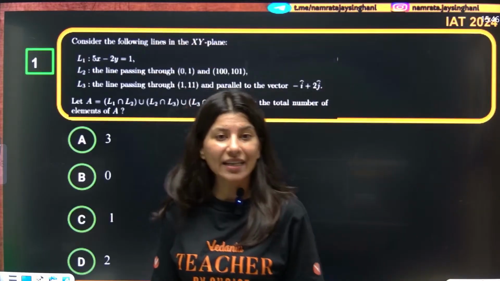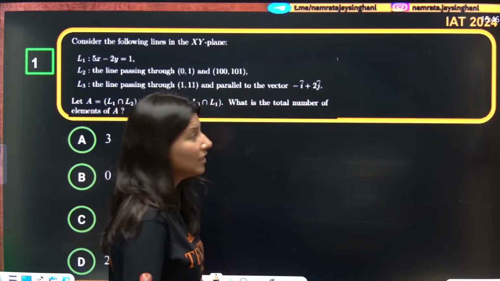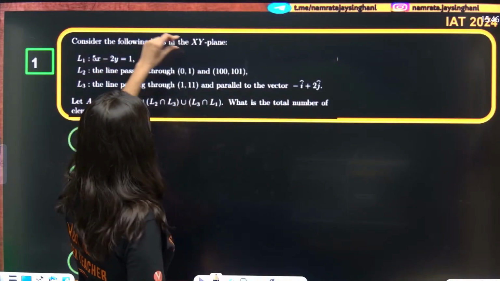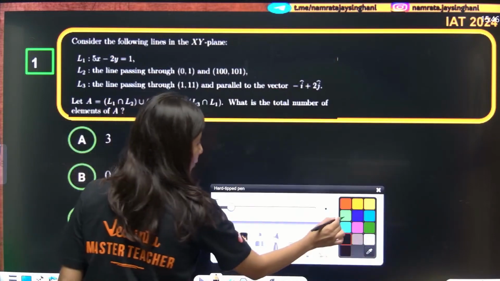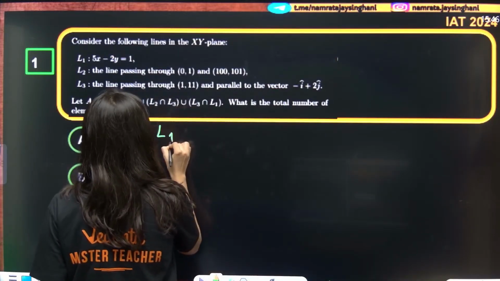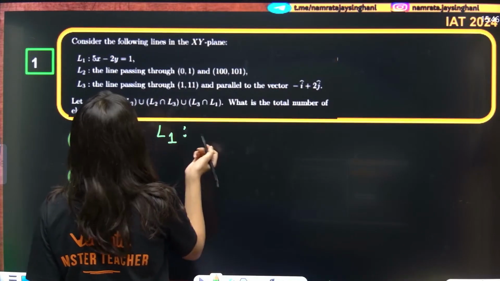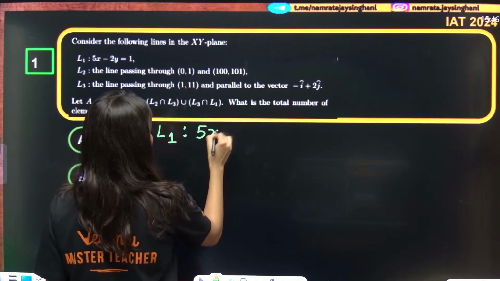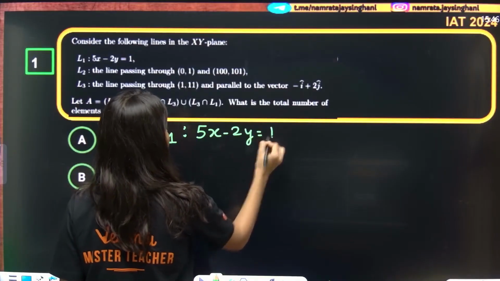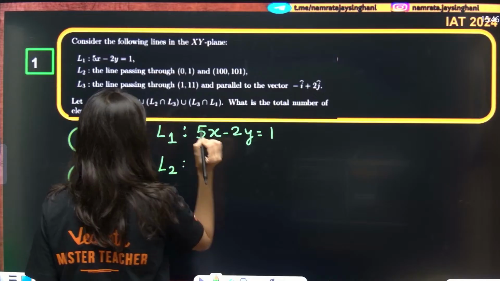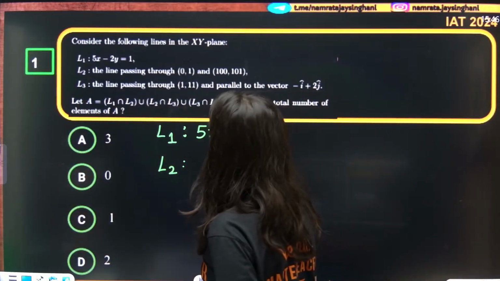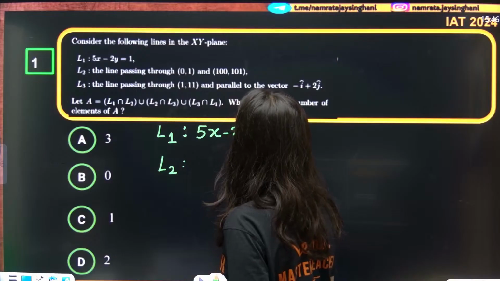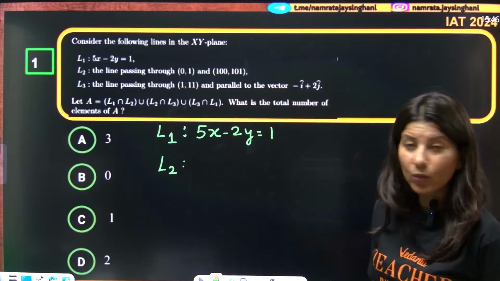This was asked in the IAT 2024 examination. Let's try to understand. Consider the following lines in the XY plane. Line L1 is 5x minus 2y equals 1. Now line L2 passes through (0, 1) and (100, 101).